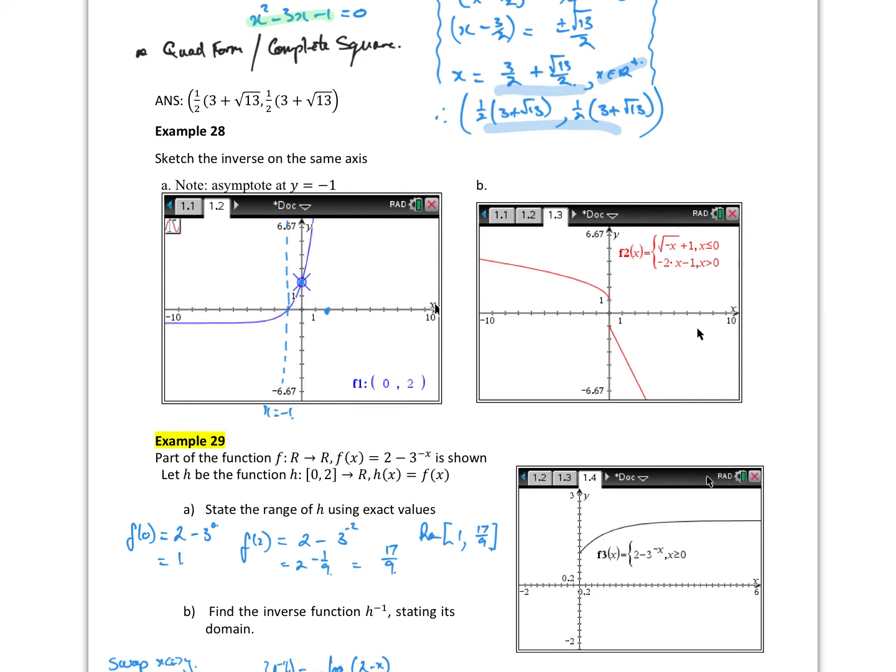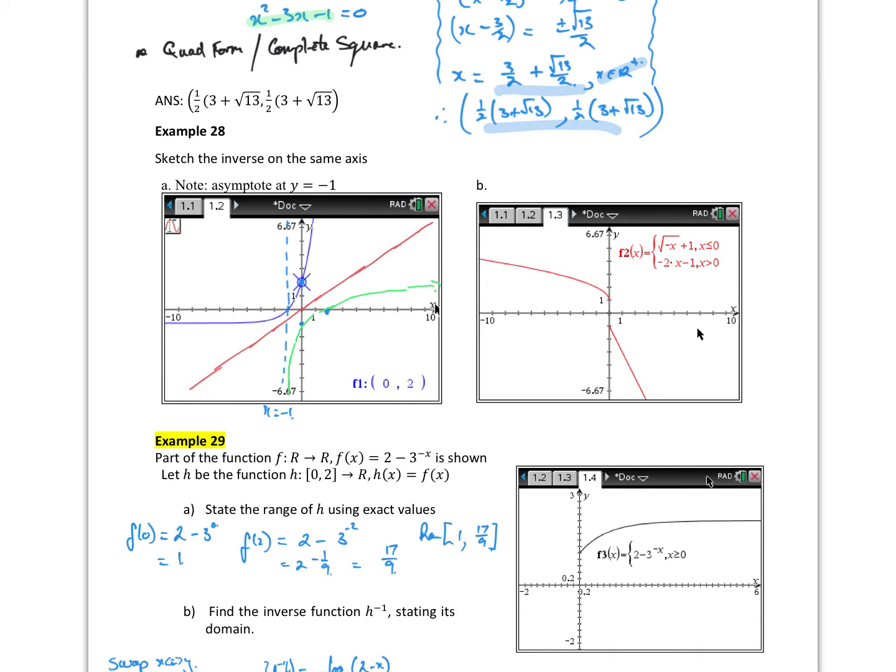My x-intercept at -1, 0 now becomes an intercept at 0, -1. And so if I sketch that graph, there's my asymptote. And if I had the line y equals x in here, we can see that there's sort of a reflection about that line.